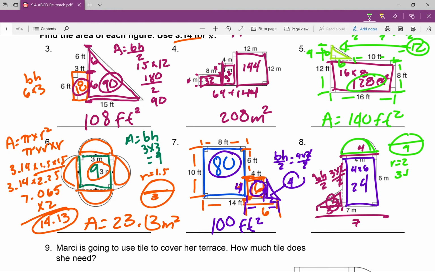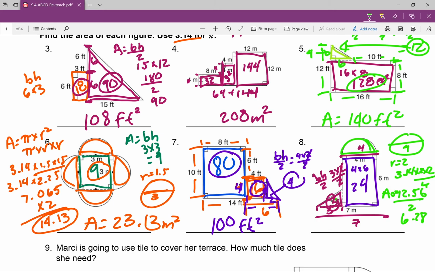So it's 3.14 times 2 times 2. 2 times 2 is 4. 4 times 3.14 gives me 12.56. However, that's the area for the whole circle, and I only have half. So I need to divide this by 2, so I can get half of the area, which is 6.28.